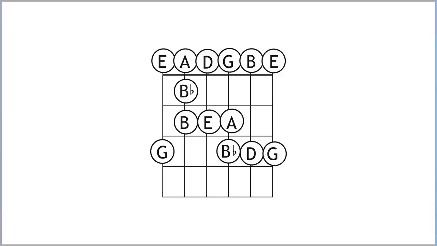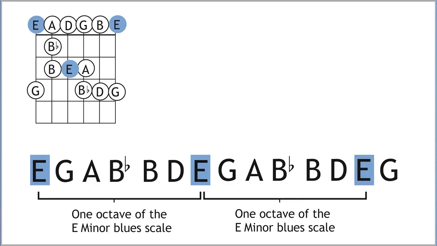We'll start by labelling the notes of the E minor blues scale with their note names. Now, let's lay these notes out in a straight line in ascending order. We can see that in our first position pattern, we get 2 complete octaves of the scale plus 1 spare G note left over.